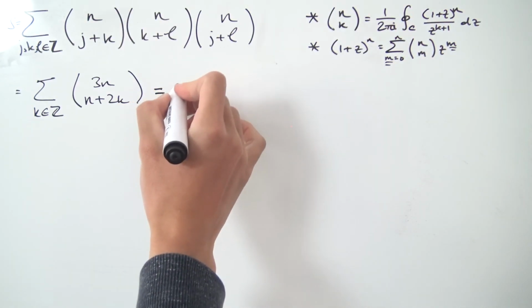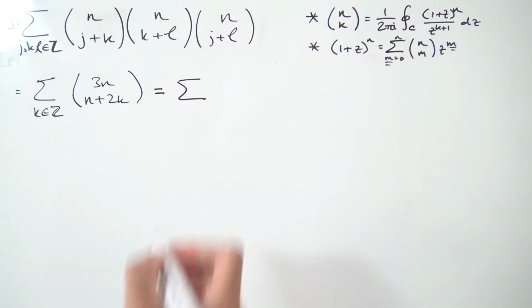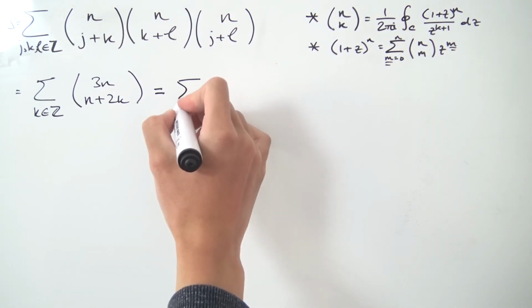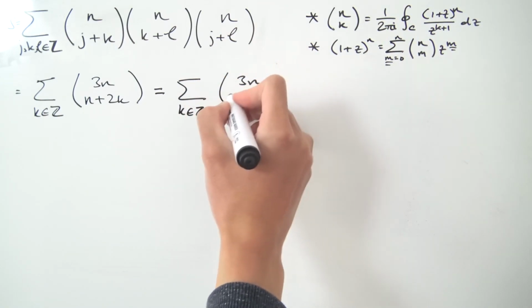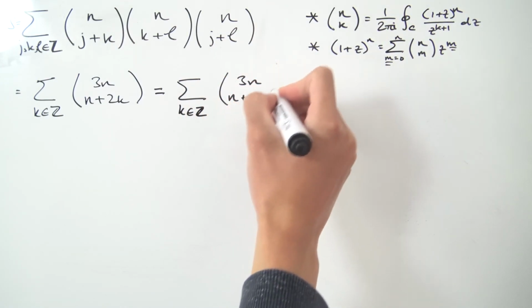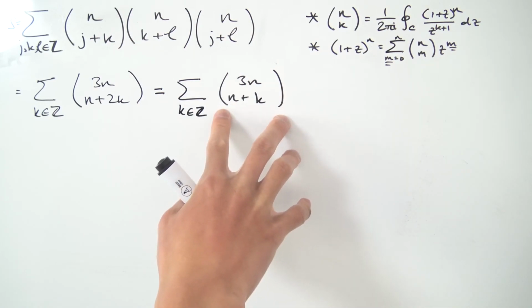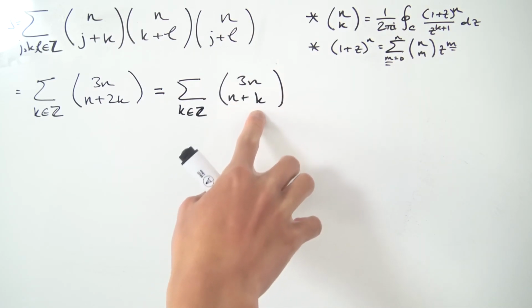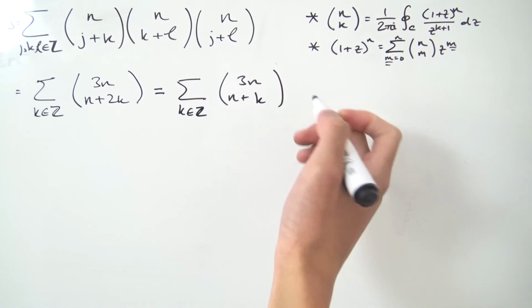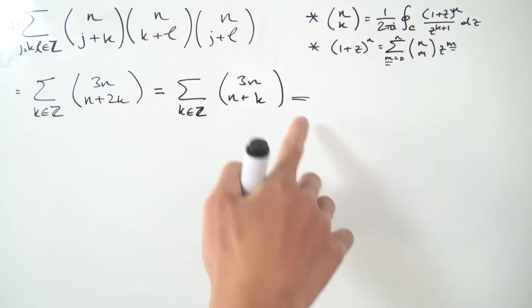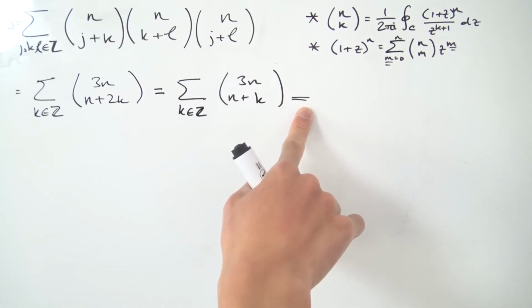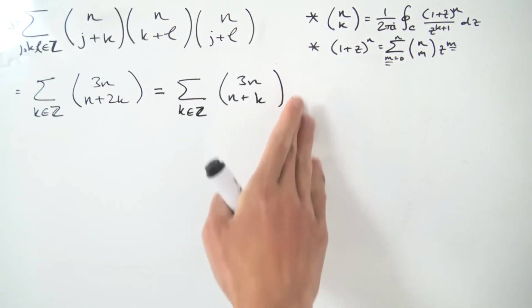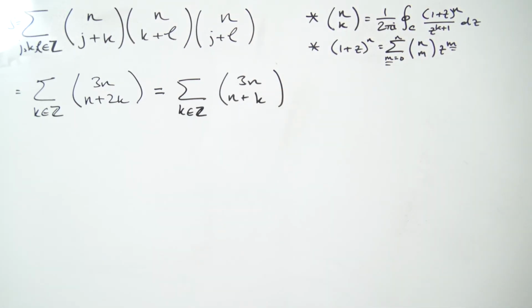This is a little trick that's pretty cool. So if we were to write this as a sum over k over the integers of just 3n choose n plus k, we only want this term to survive when k is even. In other words, we want some other factor here which turns on when k is even and turns off when k is odd. You might think of some oscillating thing like sine or cosine.